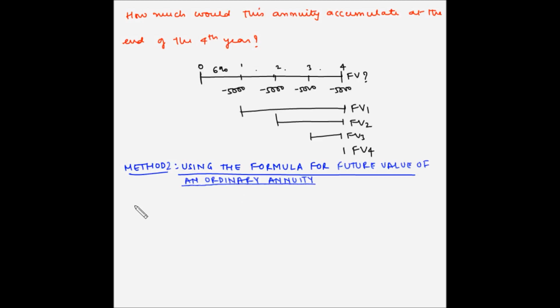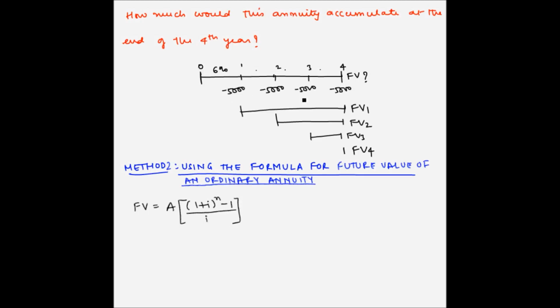The formula that we had found out was future value is equal to the annuity amount into bracket 1 plus I to the power n minus 1 divided by I. Here A is the annuity amount, I is the interest rate, n is the number of compounding periods. So let's find out these values.